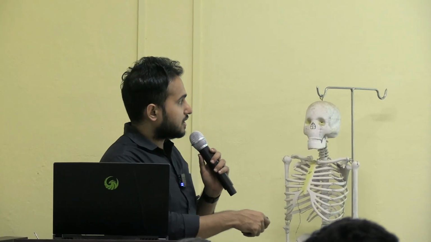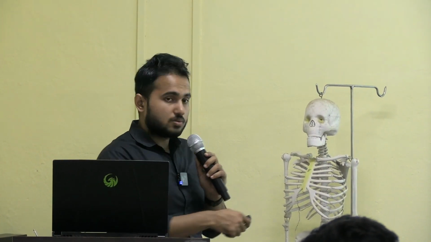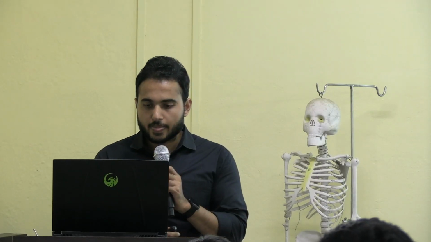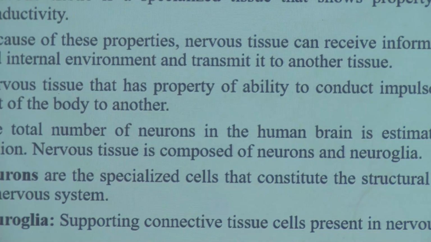Here you can see this is nervous tissue. In this nervous tissue mainly two types of cells are present: neurons and neuroglia. What are neurons? You already know these are specialized cells, the structural and functional unit of the nervous system.